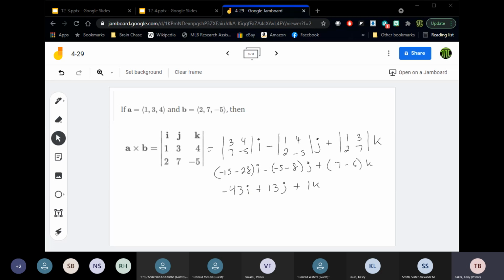We can write it that way, or we can write it as -43, 13, and 1. So this vector right here is perpendicular or orthogonal to those two vectors I started with.